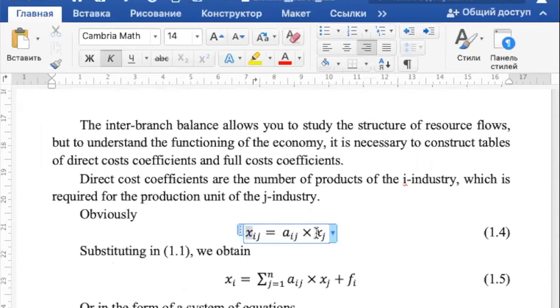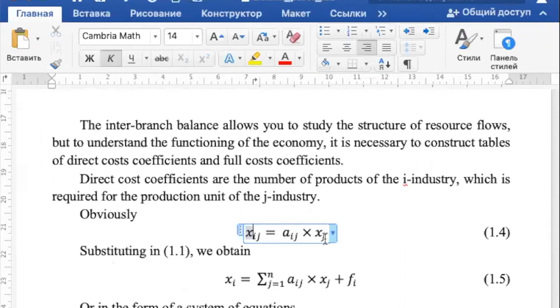So what does Xij mean? In this denotation, I is the sector which will supply or make some deliveries, and J is one of our branches which will buy, or will be our clients.